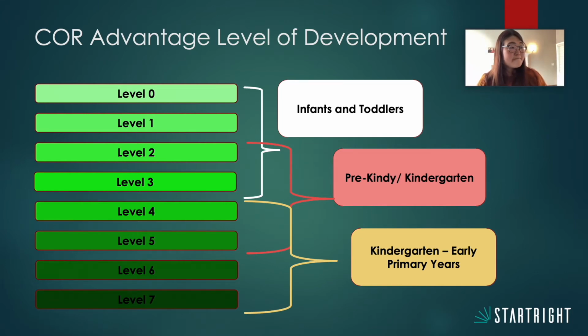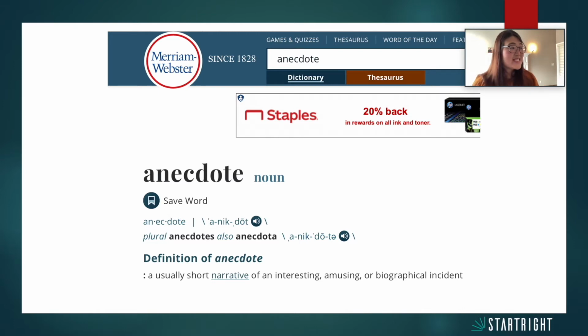Anecdote. I want to talk about the word anecdote before we move forward. You're going to hear this quite a lot, and this is the definition from Merriam-Webster Dictionary. It means a short narrative of an interesting, amusing, or biographical incident. Meaning to say, it's a short description of an incident. It can be interesting, it can be funny, or it can just be informative.